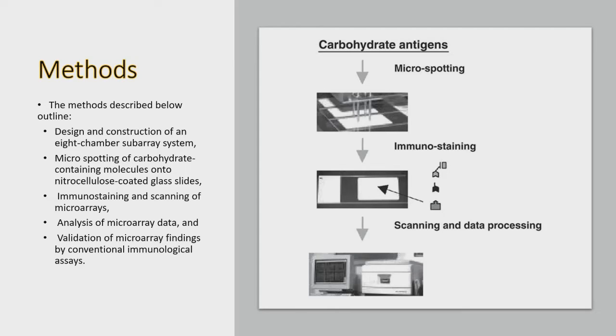The next one is the microspotting of carbohydrate containing molecules onto the nitrocellulose coated glass slides. Using the Cartesian technologies, a high precision robot designed for cDNA microarrays, carbohydrate antigens of various complexities are picked up by deep quill pins from antigen antibody solution and printed onto the nitrocellulose coated fast slides in consistent amounts.